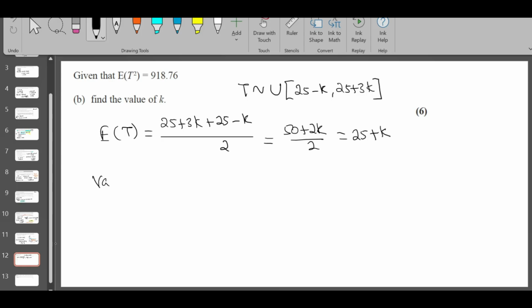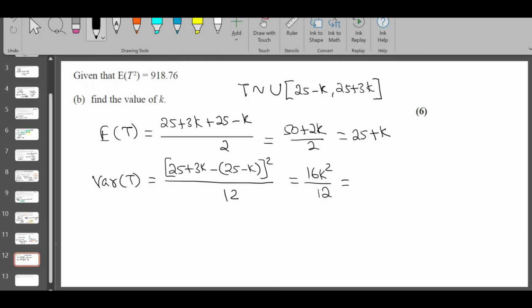And then there is a formula for the variance of T, which is b minus a, whole square over 12. These formulas are given in the data booklet. Here b minus a is 4k, and 25 will be cancelled. You will get 4k whole square, which is 16k square over 12, which is 4k square over 3.